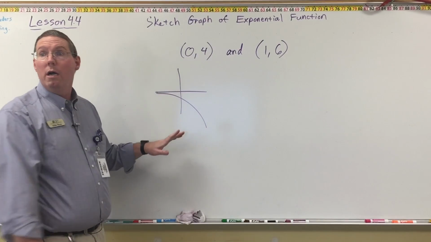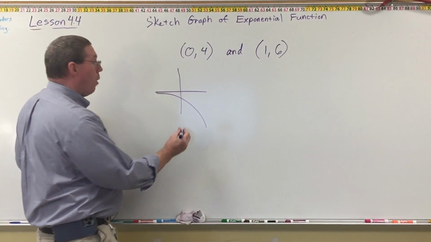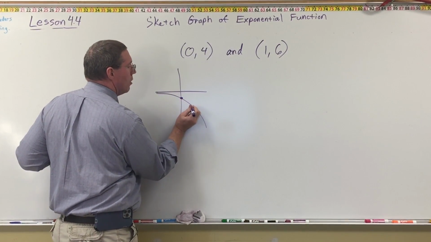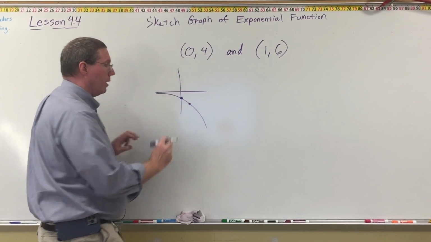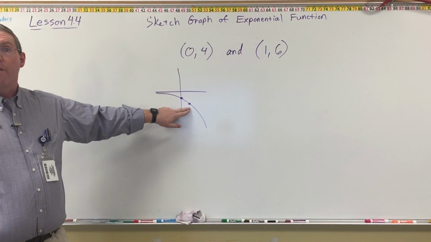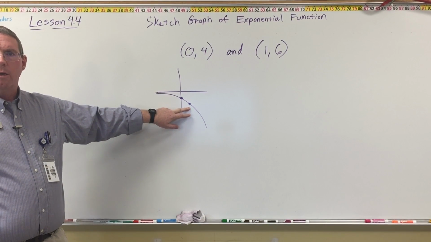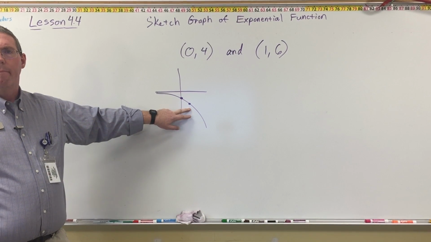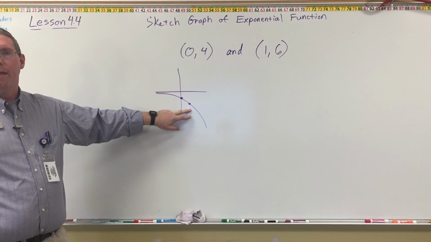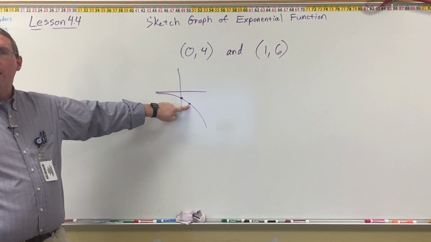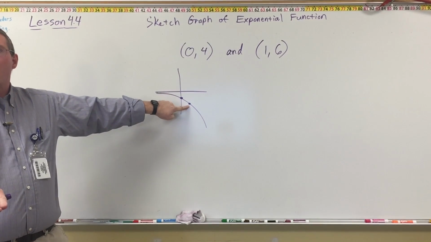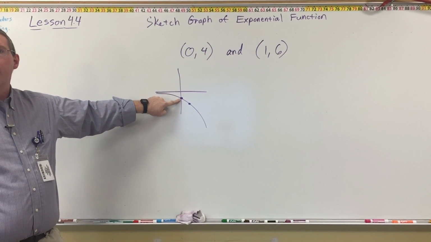It's below, and so the y-intercept is higher than the f of 1 point. Do you see that? So this point is lower. Do you guys know what I mean by lower? Go ahead, Michaela. The f of 1 is the second point, that's correct. See how this f of 1 point is at a lower y level than the y-intercept?